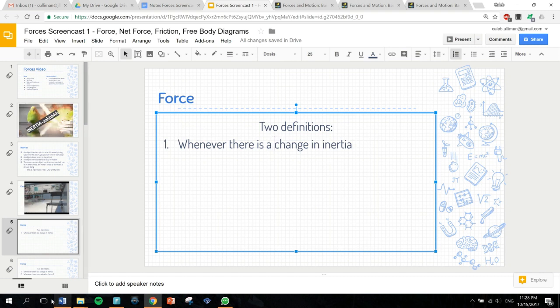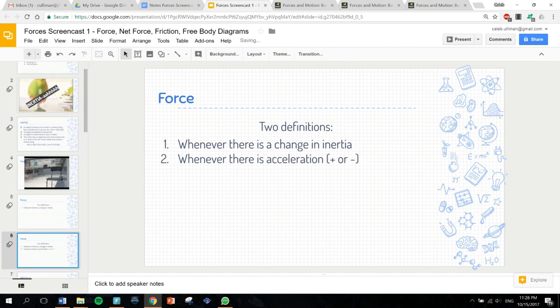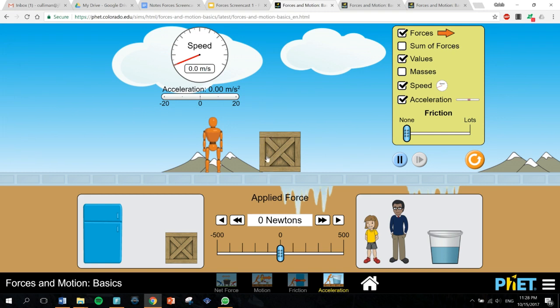The second definition, whenever there is acceleration, there is a force. So either positive or negative. Acceleration and force are very similar to each other. They're a very similar idea. Okay, so here's an example.